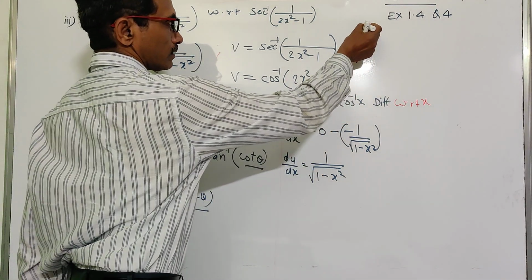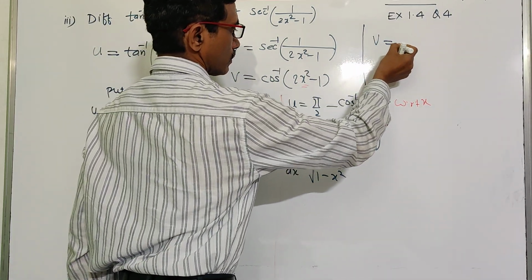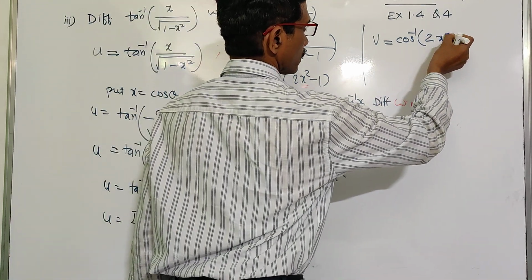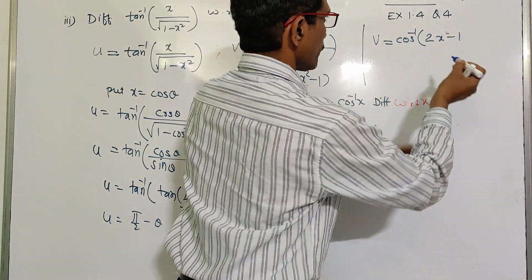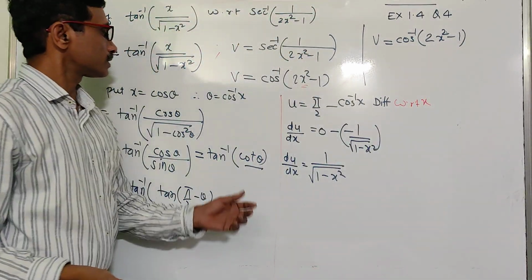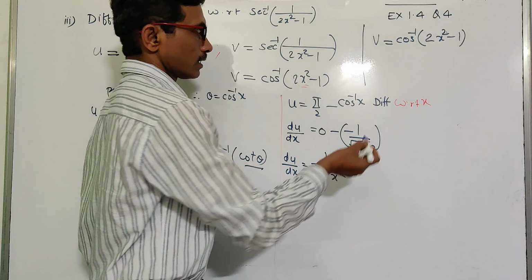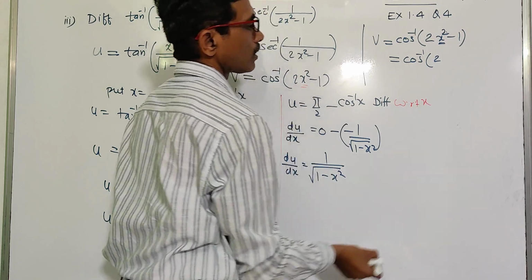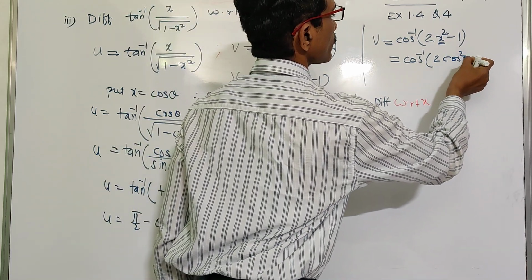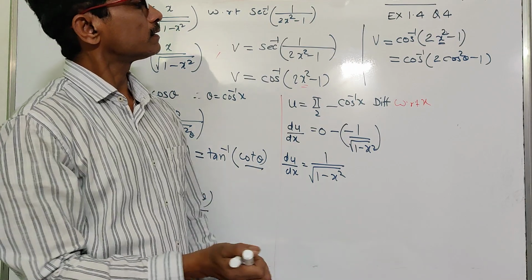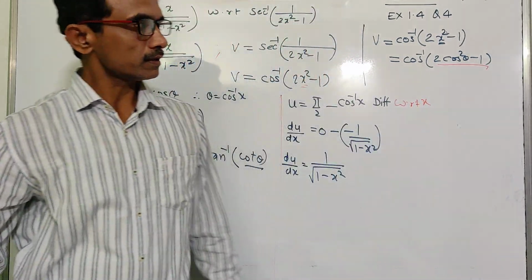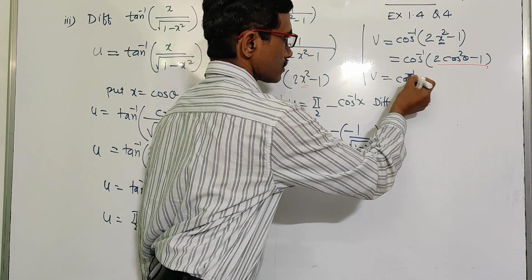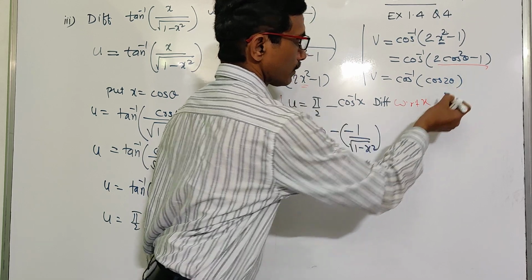So what is our v? v is equal to cos inverse of 2x square minus 1, and the substitution is cos theta. So substitute here: x is equal to cos theta, so it will be 2 cos square theta minus 1, and 2 cos square theta minus 1 is equal to cos of 2 theta, so v is equal to cos inverse of cos of 2 theta.